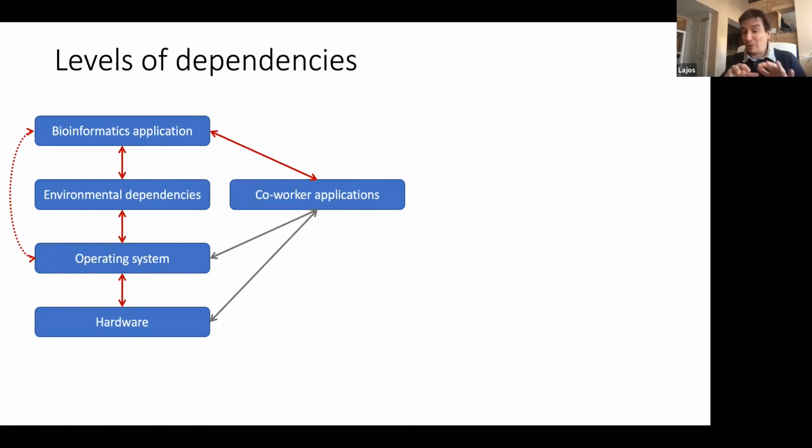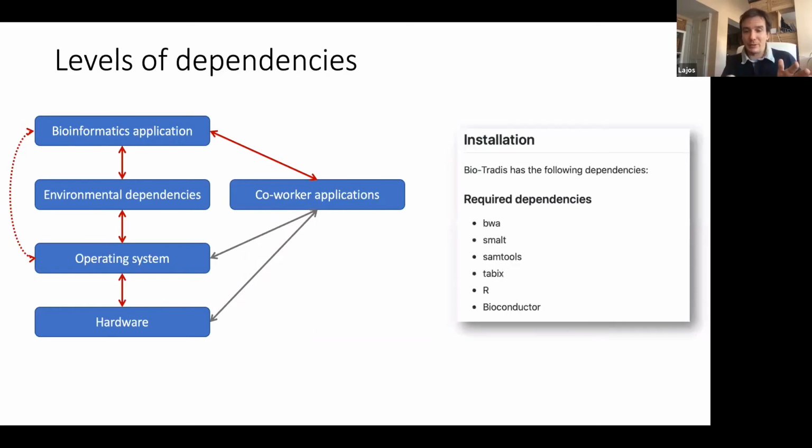I'm not sure that everyone splits these 2, but I think it's important. So there are the environmental dependencies, and I can give you an example here. Again, going back to Bioinformatics. And there are the coworker applications. What I'm calling coworker applications are, for example, BWA, SMART, SAMtools, or Tabix, which are there for reading in the data, doing something on the data, and creating an output.